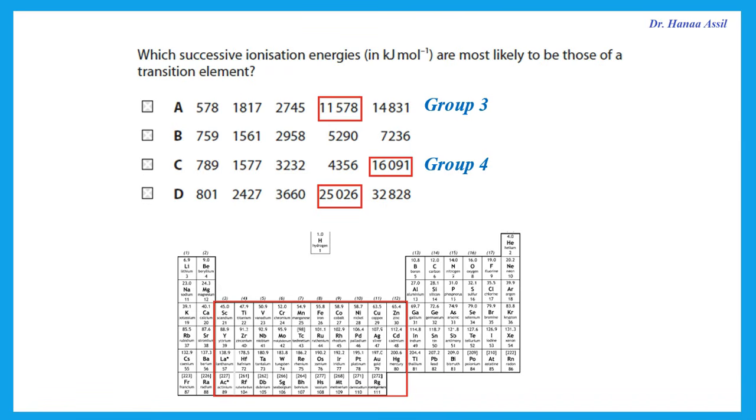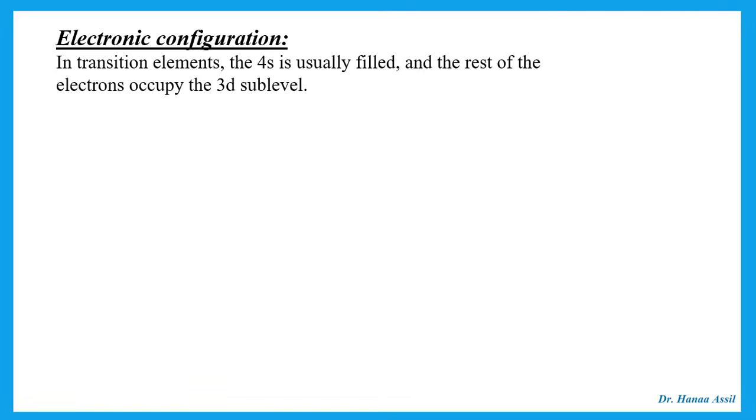Where we do not have a huge jump from one ionization energy to the next, that is probably a transition element. So remember, if there are no huge jumps in the successive ionization energies, then that's a transition element.